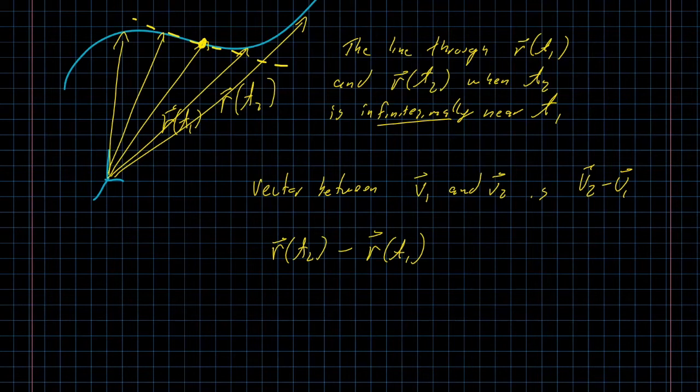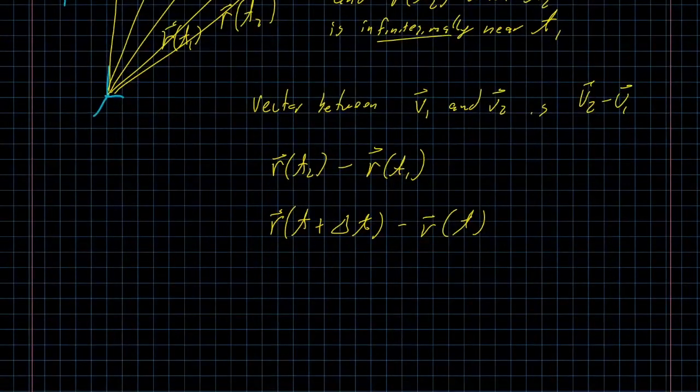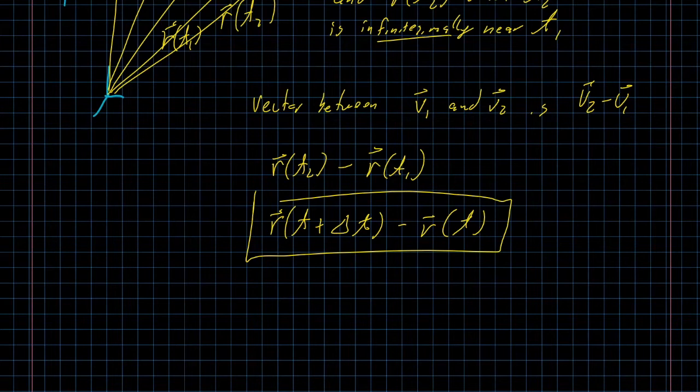And if we want t2 to be infinitesimally close to t1, then that means that we're really looking at r of t plus some small bit that I'll call delta t. And that gives me a vector pointing in the direction that I care about. Now, every multiple of this vector also points in the direction that I care about.